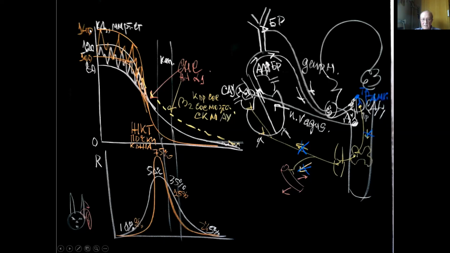It becomes, this is an example, 140 to 100, and then it starts to decrease. But the pressure after this contraction of the small blood vessels will be lower than before this contraction. That's why the blood flow will be decreased.